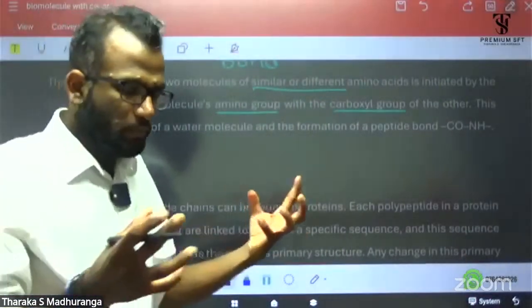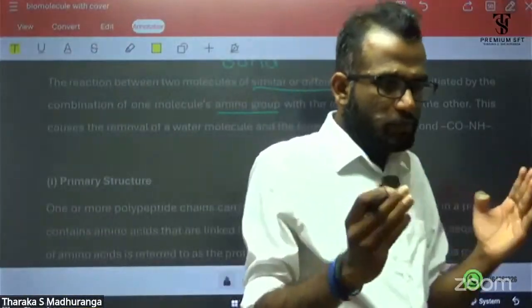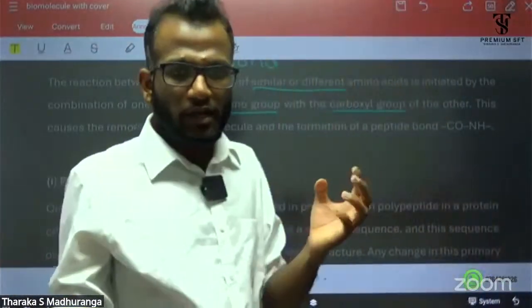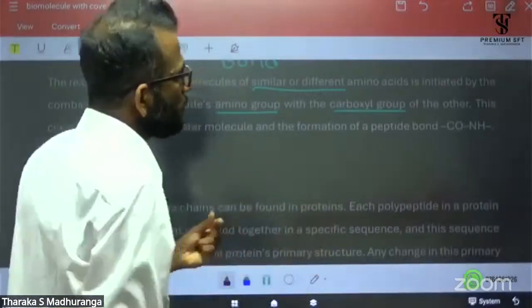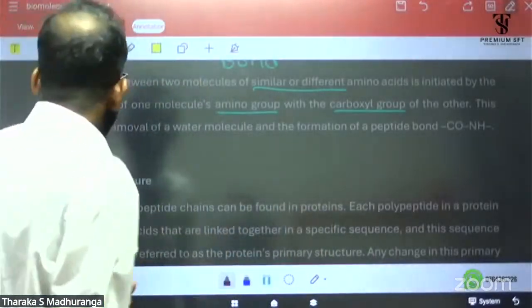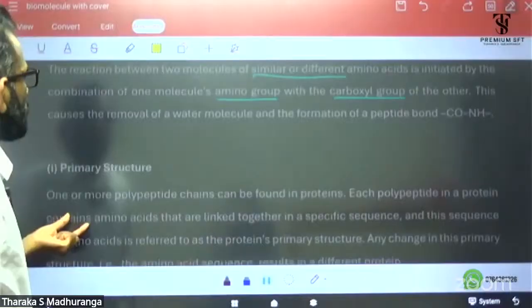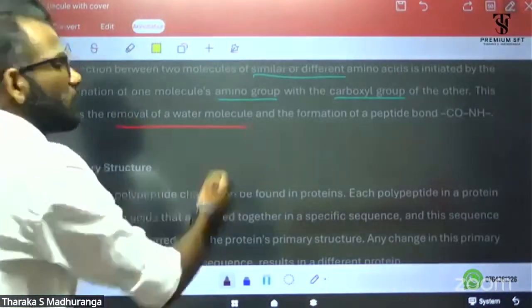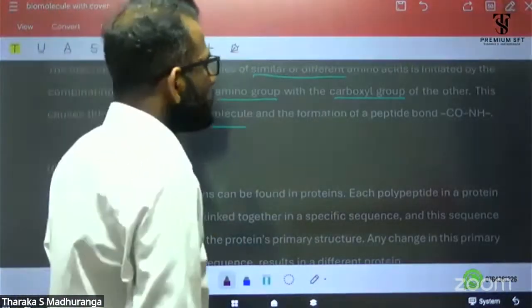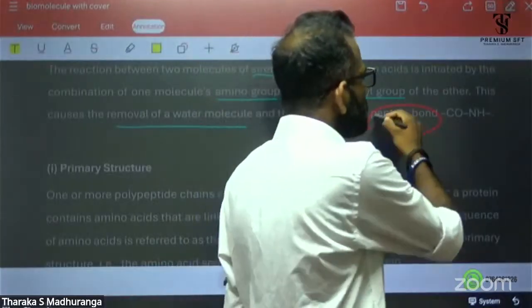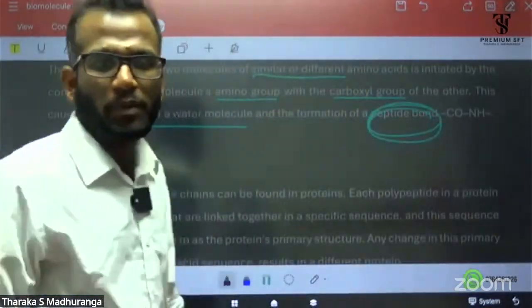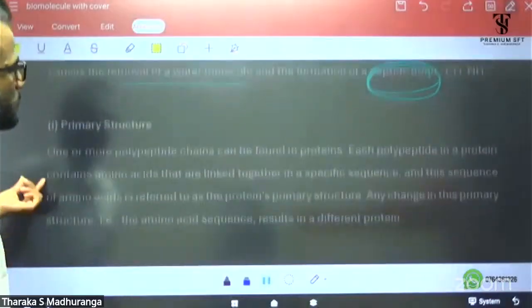The carboxylic group of one amino acid and the amine group of the second combine as a linkage, which is the peptide bond. This causes the removal of one water molecule and the formation of the peptide bond.